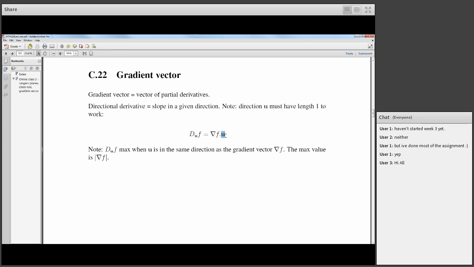The gradient vector also plays a key part by being orthogonal to level curves or level surfaces. It's an important role. We'll see this idea of the gradient vector and this differential operator cropping up when we're looking at vector calculus later in the subject.